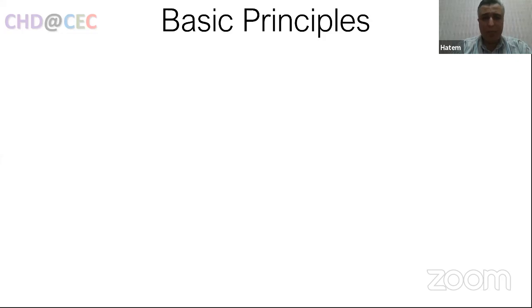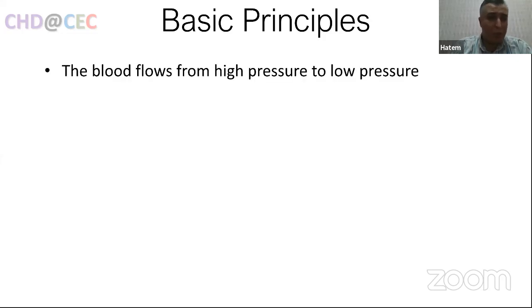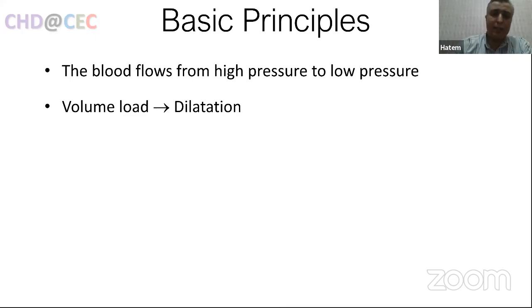Very basic principles here. Blood flows from high pressure to low pressure chambers. This is quite basic. The second fact says that the chamber that gets volume load gets dilated. On the other hand, the chamber that gets pressure load gets hypertrophied.